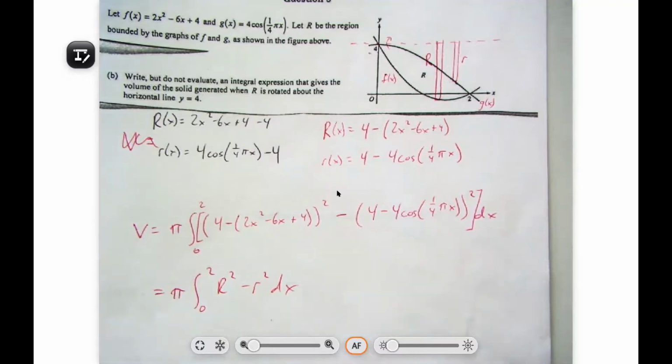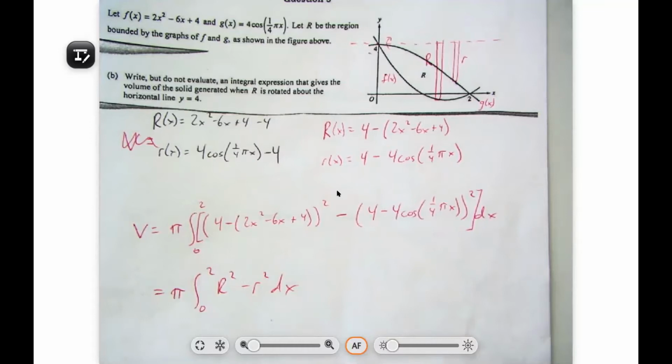So, okay, when I go through this, as soon as I see I'm rotating, here's the catalog of thoughts that goes through my head before I start writing anything. First thing I think about is, am I in terms of X's or in terms of Y's? Am I spinning around a horizontal line or a vertical line? That's thought number one for me. Thought number two, I'm then like, okay, is it a disk or a washer problem?